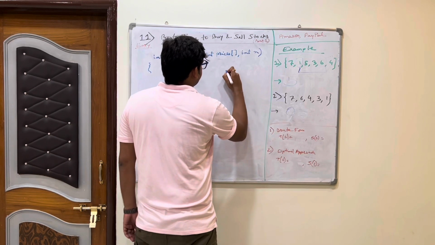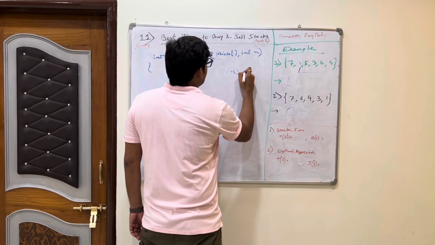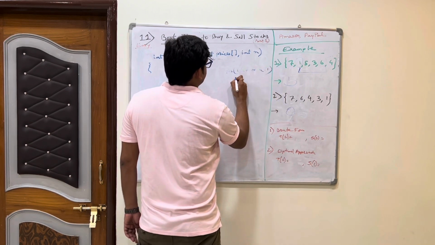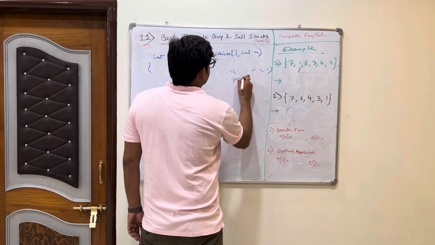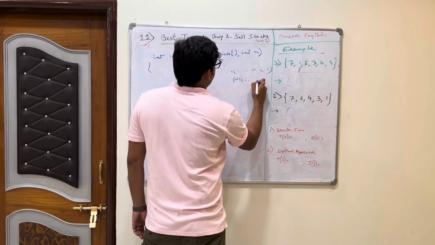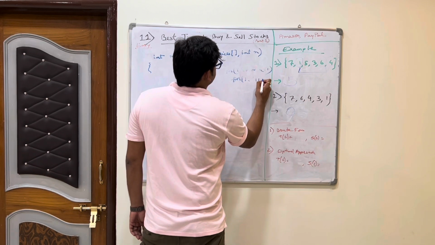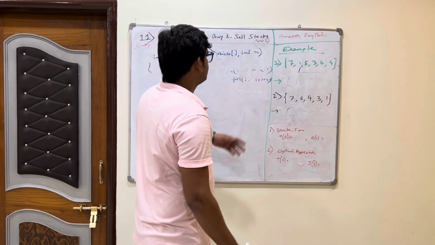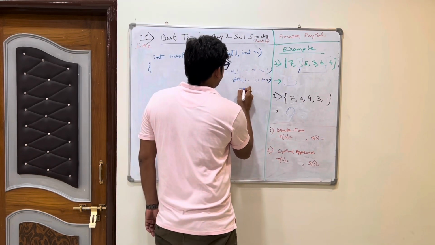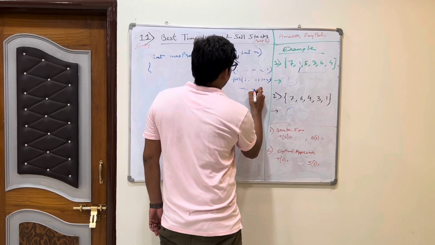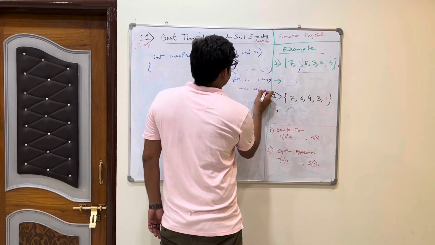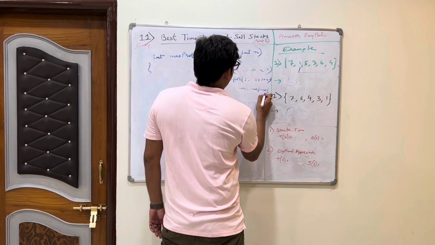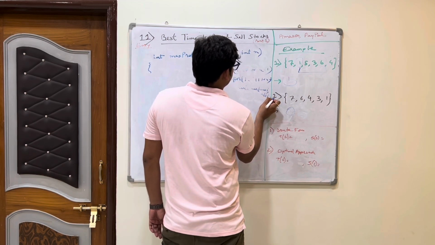We will have 2 nested loops where i will run from 0 to n minus 1, and j will run from i plus 1 to n minus 1, and we will check the maximum: maxi will be the max of maxi comma a of j minus a of i, right?